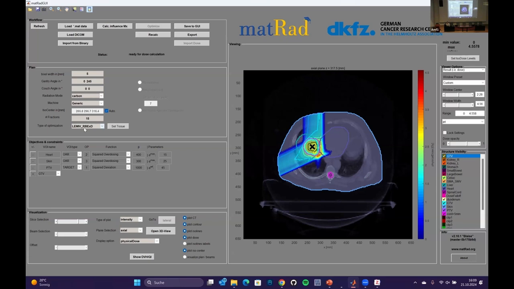What does this mean? The problem is for ions, this was probably discussed in the rest of the symposium, that heavier ions than protons have a very strongly depth-dependent radiobiological effectiveness because their linear energy transfer is correlated with the depth. It increases with depth.